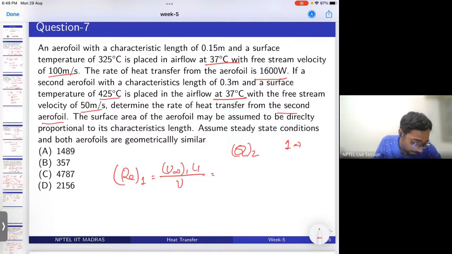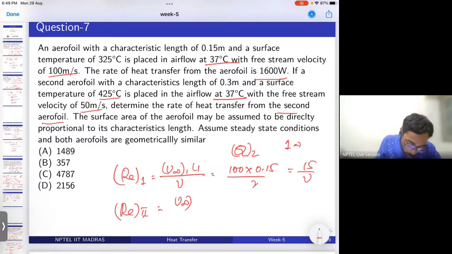So U infinity is given as 100 times L, 0.15 by nu. That is 15 by nu. Reynolds number of 2 is U infinity 2 L2 by nu, same kinematic viscosity. It is given as 50 into L2.